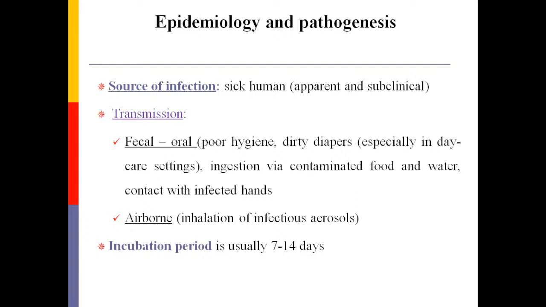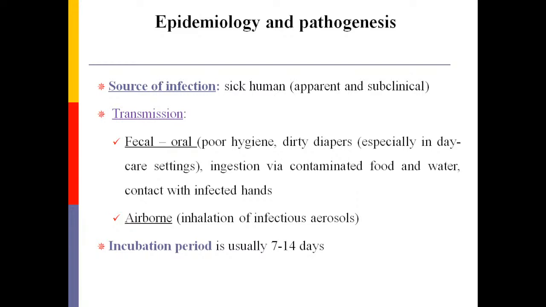Transmission. The first transmission way is fecal-oral transmission. What is it? Please, when you learn this lecture, you should understand what it is, and you should be able to explain it.